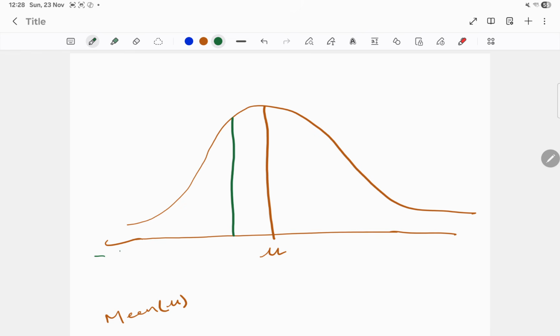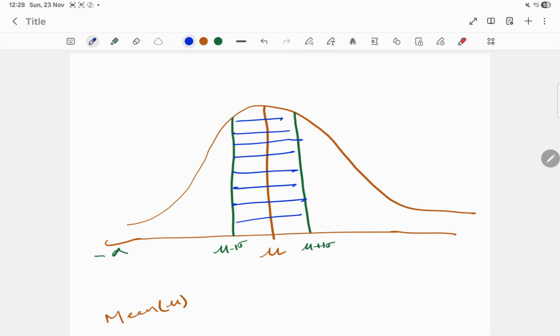On the left side it is mu minus 1 sigma, 1 standard deviation. Similarly towards the right it will be mu plus 1 sigma. So the area between mu minus 1 sigma to mu plus 1 sigma is always 68%.